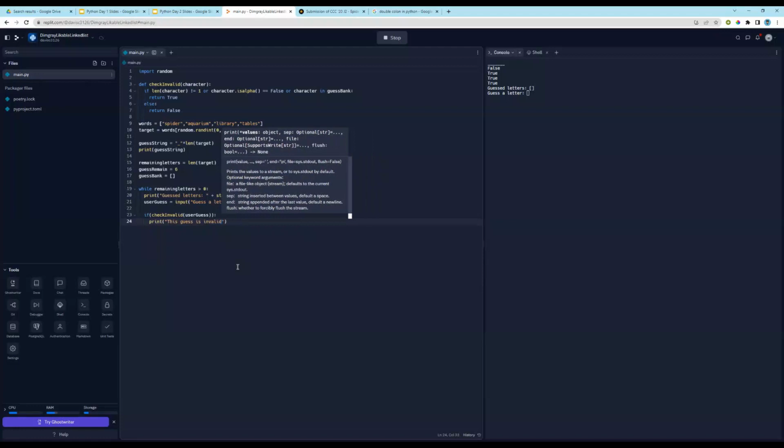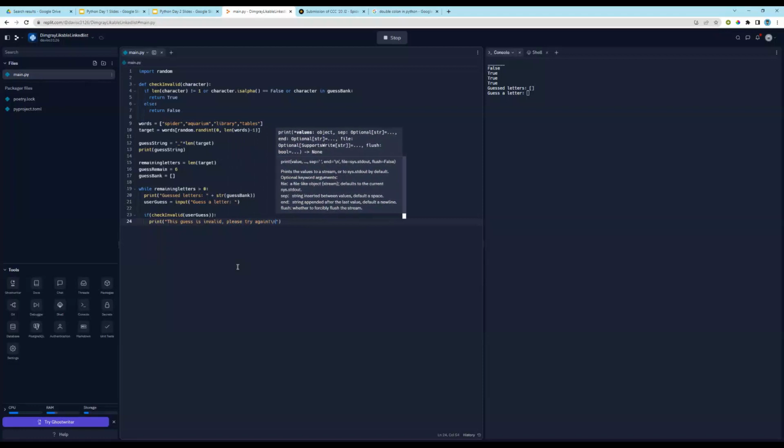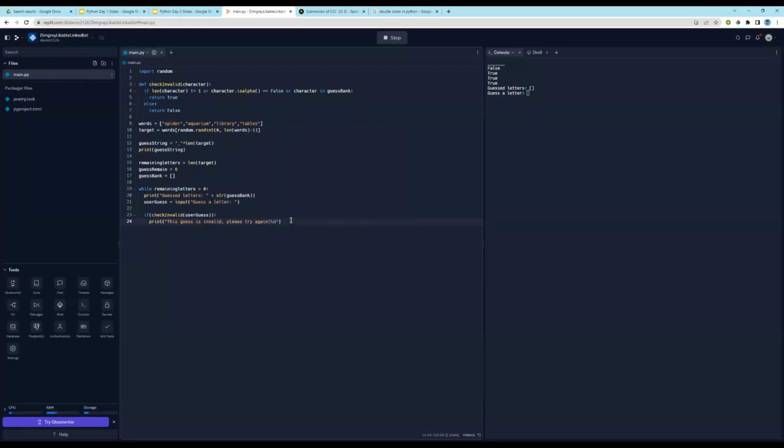We don't have to say why. We can say please try again. At the end we have this backslash n, a special operator that works like pressing enter on the keyboard: it goes on to the next line at the end of the print.